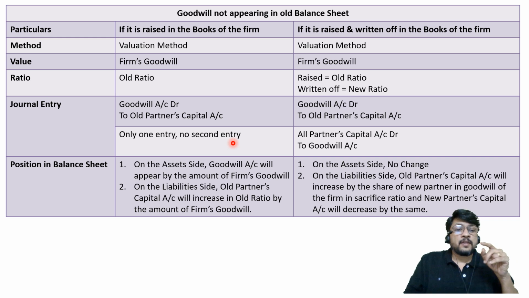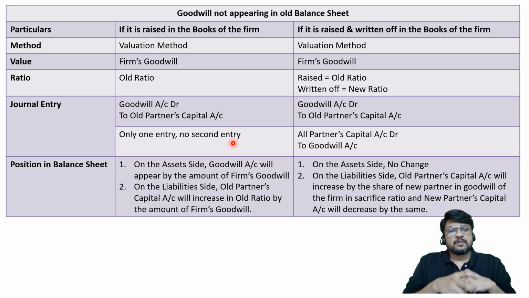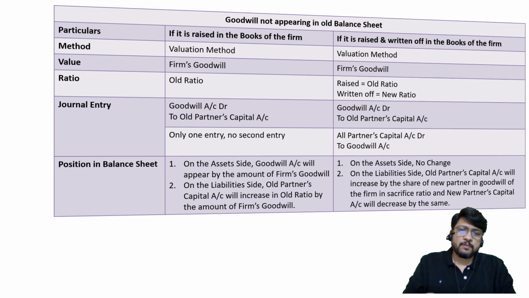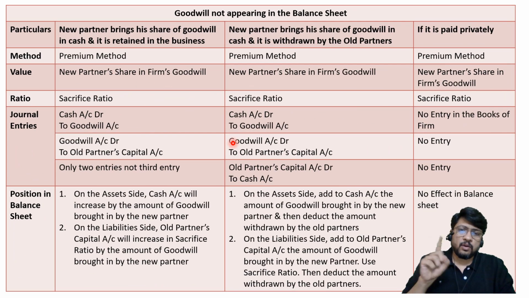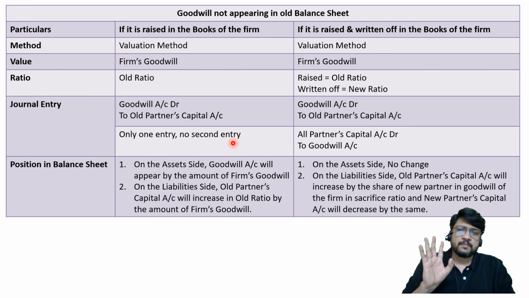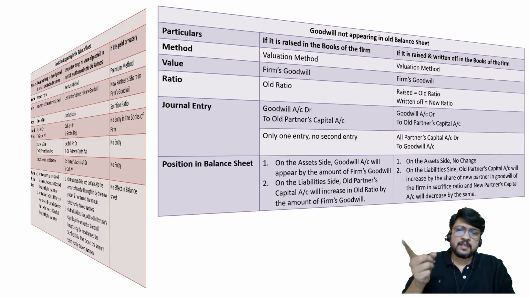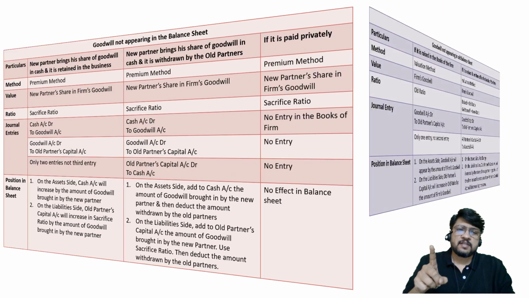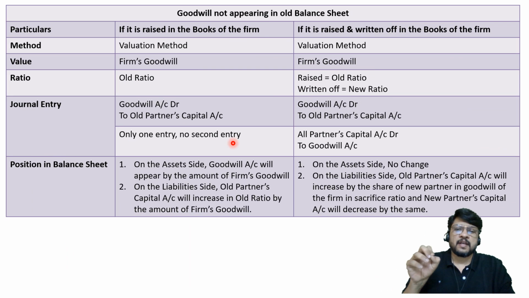But the new partner is saying, sorry, I cannot bring in cash. I don't have cash. I can bring in some capital, but I can't bring in cash. So just like the previous problem, goodwill is not appearing in the balance sheet in this situation also. But in the previous case, the new partner was ready to bring his share of goodwill in cash. In this case, the new partner does not have sufficient cash at his home, so he's saying, sorry, I can't bring it in cash.